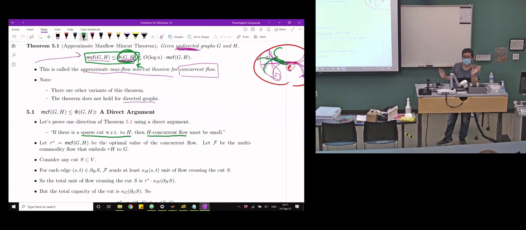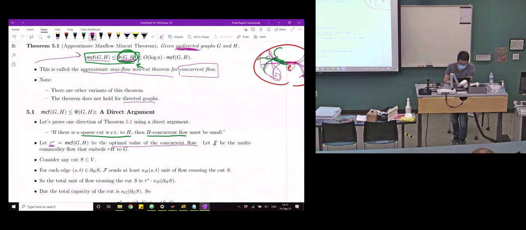That's what we want to prove. Okay, and why is that the case? Let's say that tau star is the optimal value of the concurrent flow.